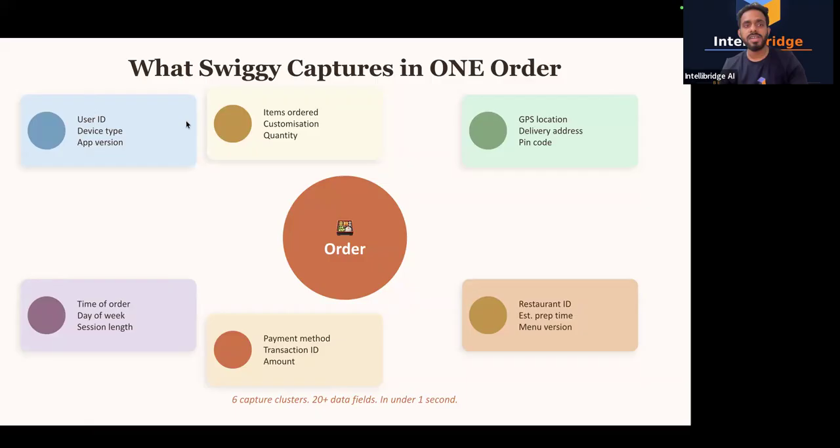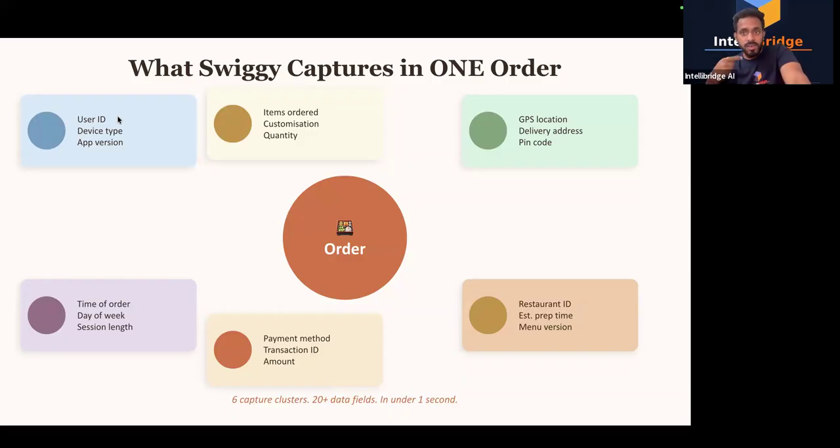Let's say for example, Priya gets a unique user ID. Priya might have a device type, which is Android or iOS, and so does the app version. It is all stored over there.